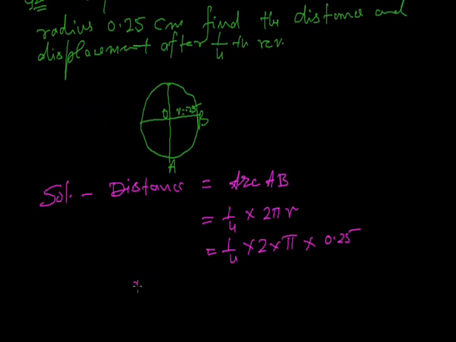So distance will be equal to pi by 2 into 0.25, that is 1/4, pi by 8 centimeter, because radius is given in centimeter.